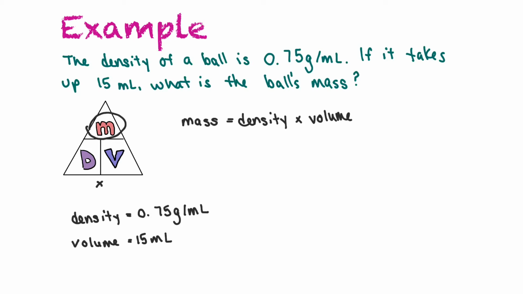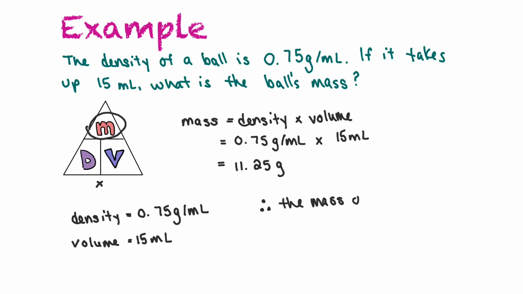So mass is equal to 0.75 grams per milliliter times 15 milliliters. So now we need to put that into our calculator. So the answer, the mass, is 11.25 grams. So therefore, the mass of the ball is 11.25 grams. And that's how you calculate density.